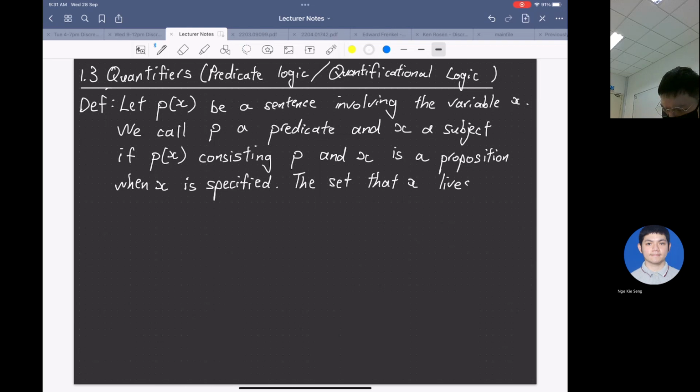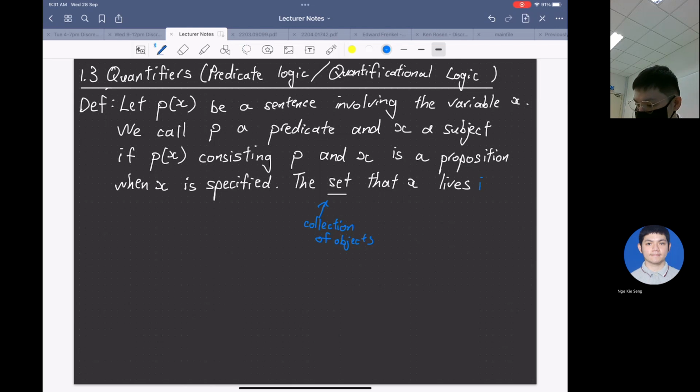I won't tell you exactly what a set is, but we will do it in the second chapter. For now, you can think of a set as a collection of objects. It's like a space. Like all of you now are in a classroom, and the classroom is a space.